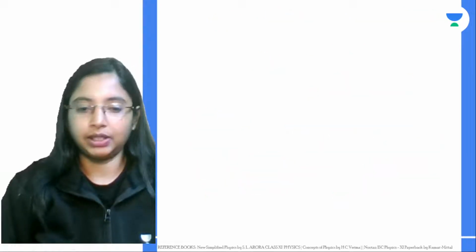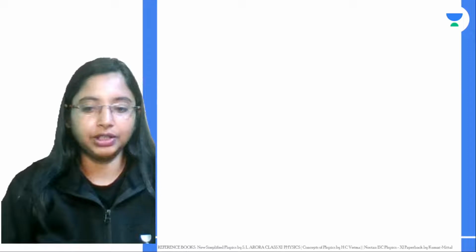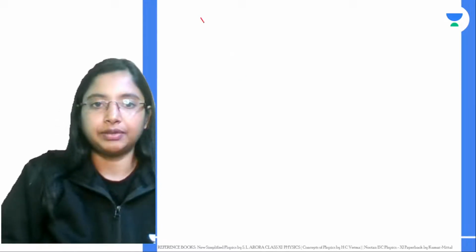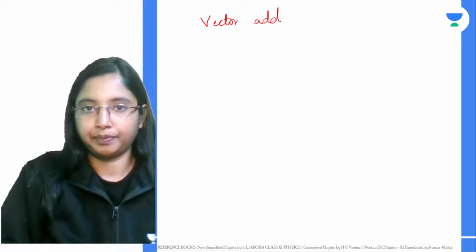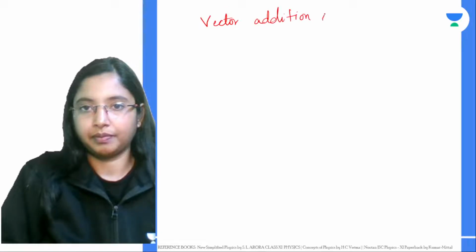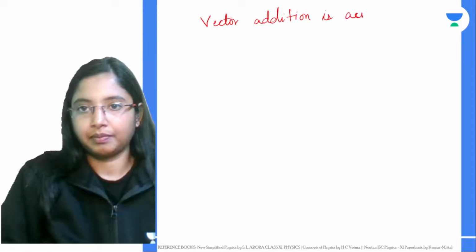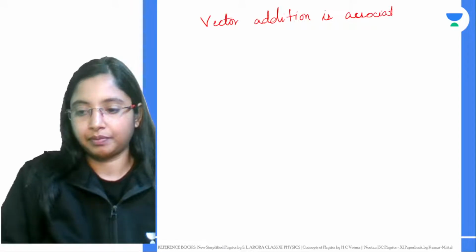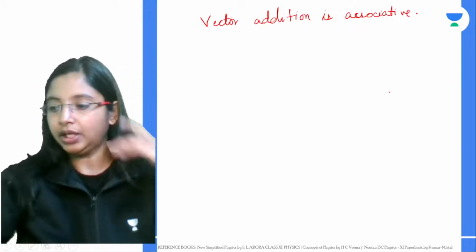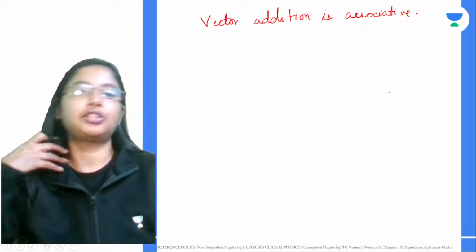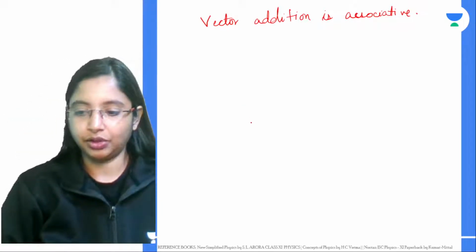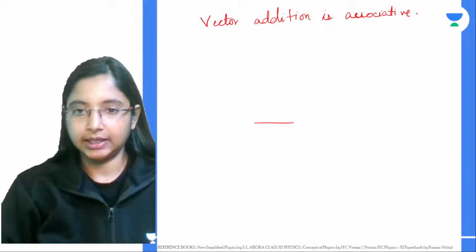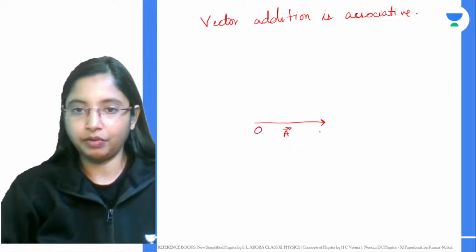Now the next one is that vector addition is also associative. What do we mean by vector addition being associative? Let's say we take a polygon. Let's say I have one vector, this is A vector, and this is OP of a polygon.